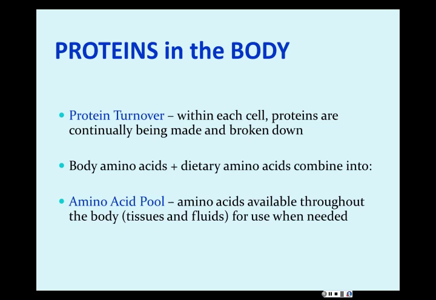When proteins break down, they free up amino acids. So these amino acids mix with amino acids from dietary protein to form an amino acid pool within the cells and the circulating blood.